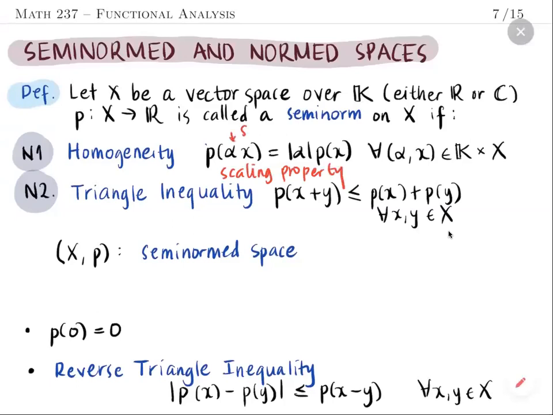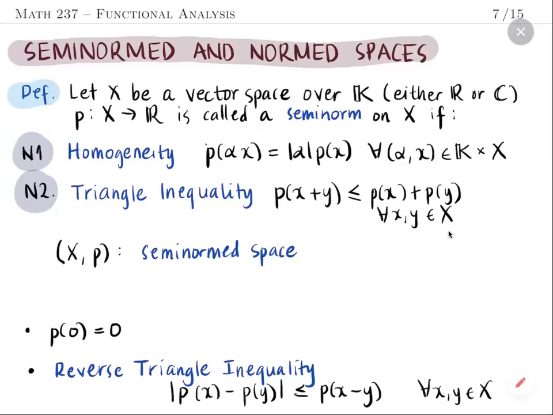Here, this is the scaled vector. So depending on the value of alpha, if the magnitude of alpha is greater than 1, that vector will be elongated, and it will be shortened if the magnitude of alpha is less than 1.